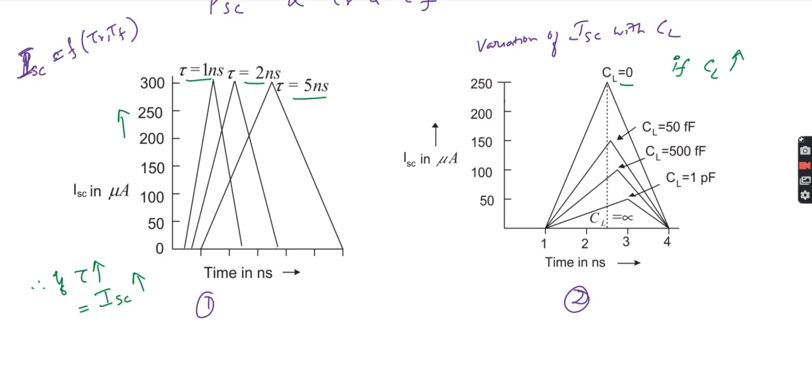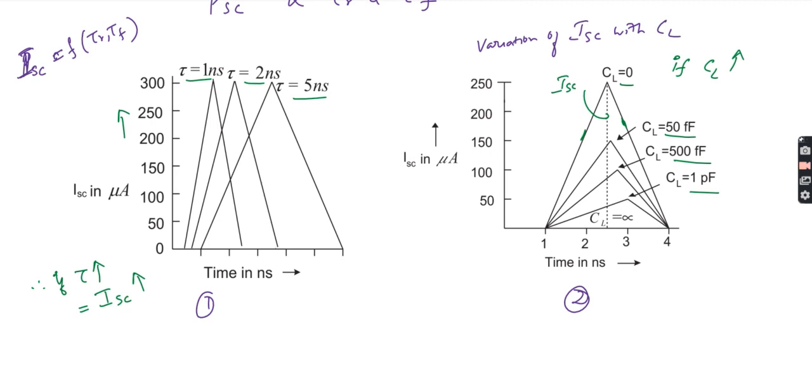Next, the dotted line which is showing here is nothing but the ISC actually. Now CL is 50 femtofarad, CL is 500 femtofarad, 1 picofarad. So it keeps on increasing. When it keeps on increasing, what happened here? You can see this is nothing but time, right?